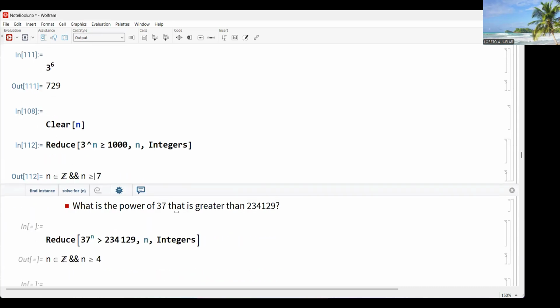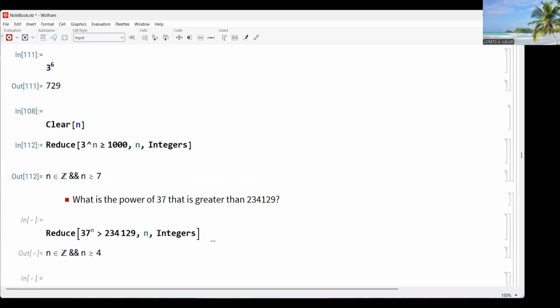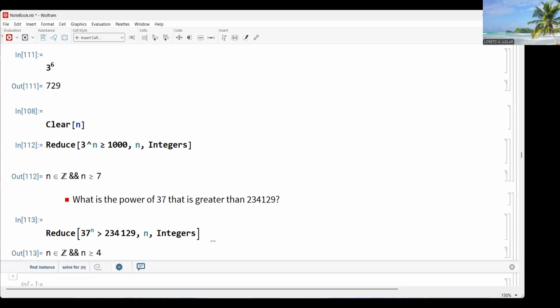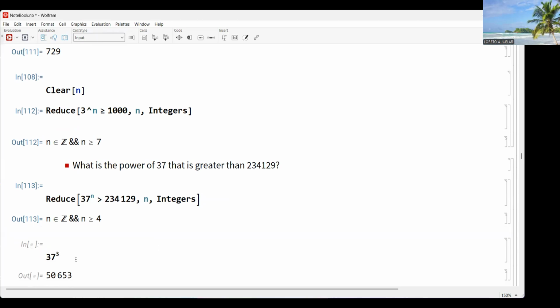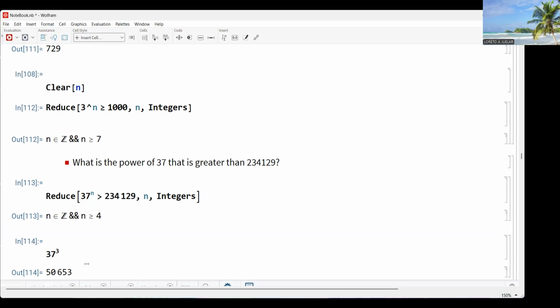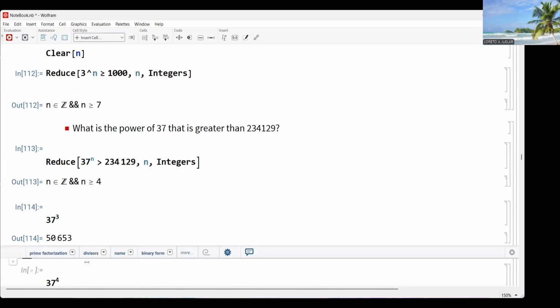So what is the power of 37 that is greater than 234,129? So we have here 37 raised to the n is greater than 234,129. So the answer here is equal to 4. So 37 to the third power is equal to 50,653.